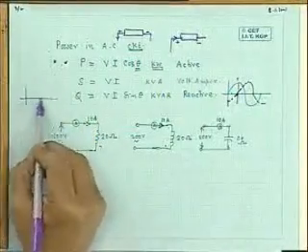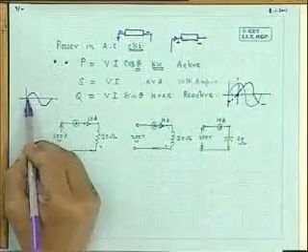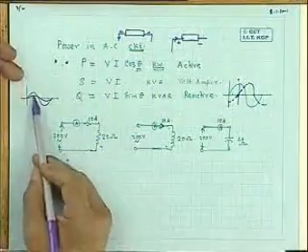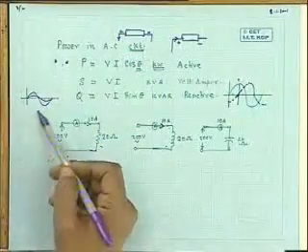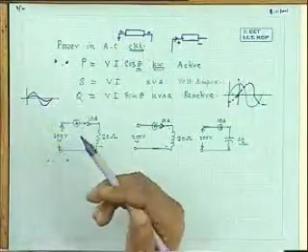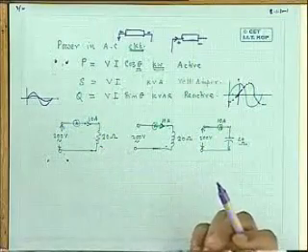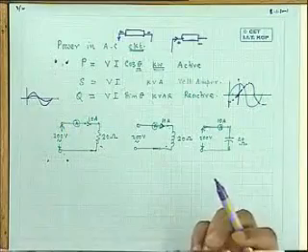However, in a resistance it is not so, because the voltage and current relationship in a resistance is like this. This is the voltage, this is the current. When the supply voltage polarity changes, current too changes. Therefore, power is always absorbed by a resistance and it is never returned back to the supply.